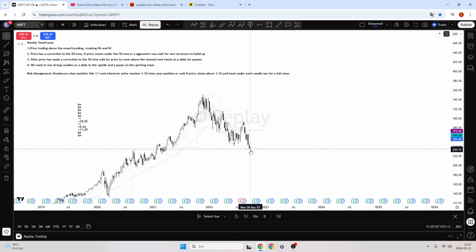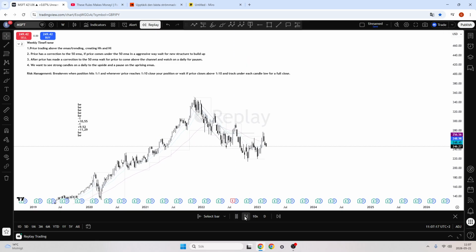This is, however, more aggressive selling. Like you can watch on the candles and see that this is more aggressive than this. New structure is building up.